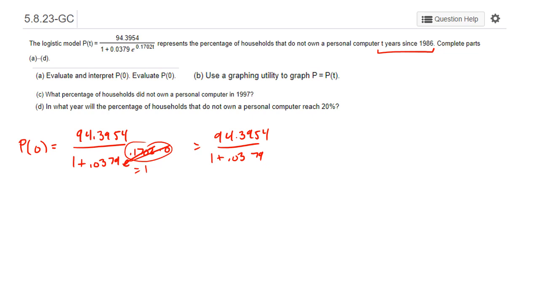Since they're clearly wanting us to work with lots of decimal points, I will do that as well and compute this. 94.3954 over 1.0379 is about 90.95.